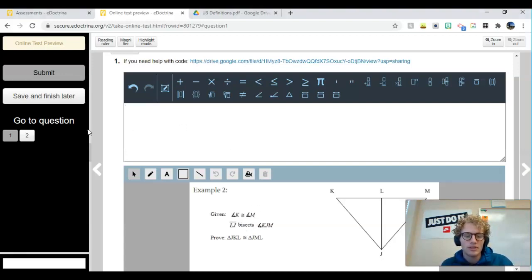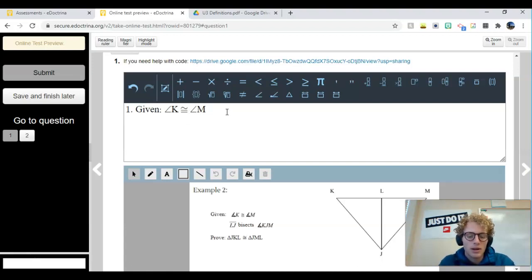So my first given, put the number 1, my first given says that angle K is congruent to angle M. Okay, so that is my first given, and I'm going to write given. Then, my theorem, I should be able to tab over.